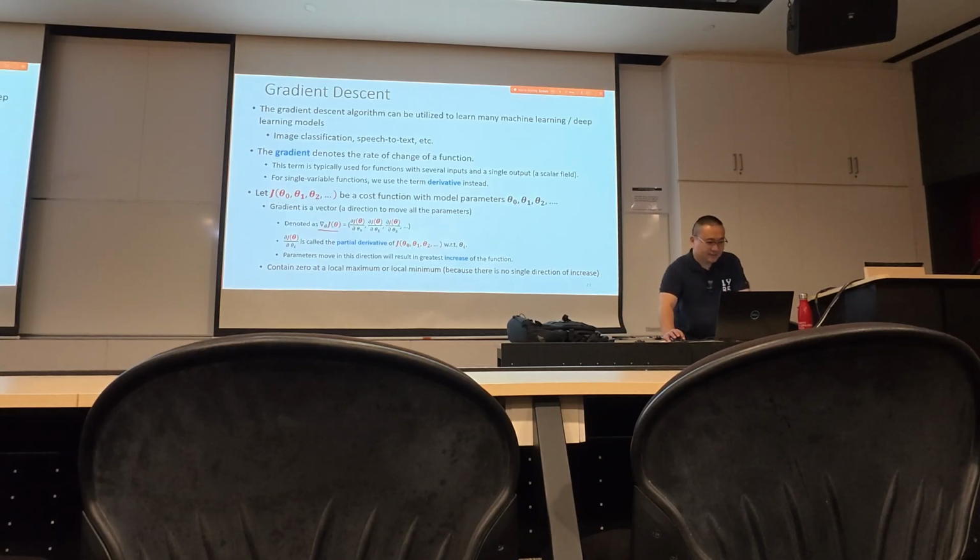The gradient is just a vector. You can see that we have elements in the vector, and each element is the partial derivative of the cost function with respect to the corresponding parameter.